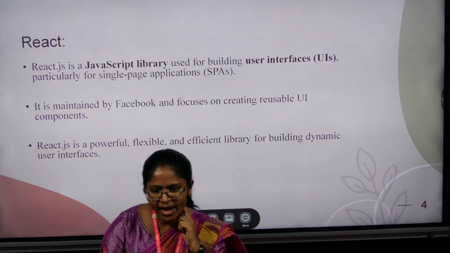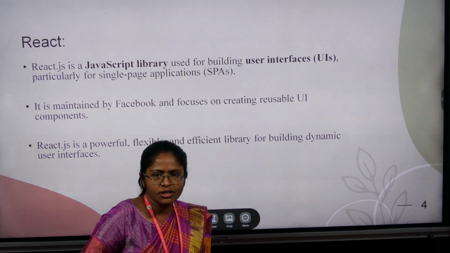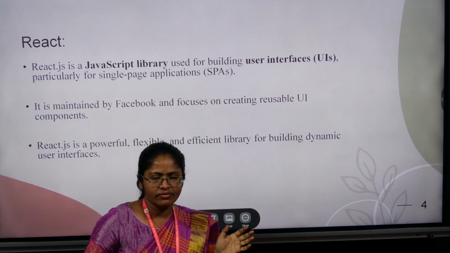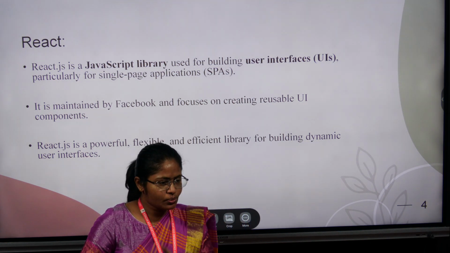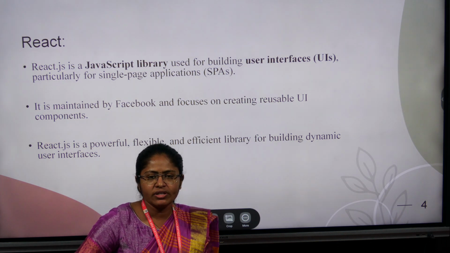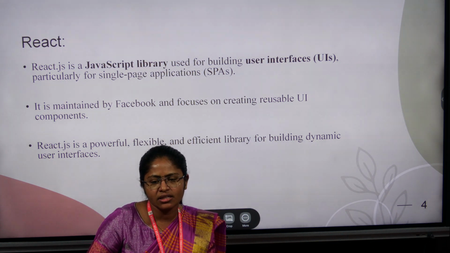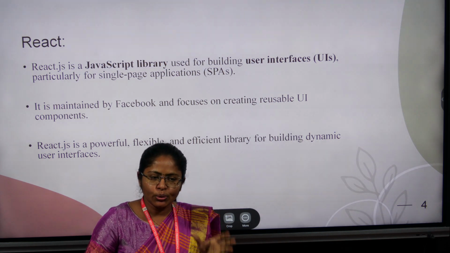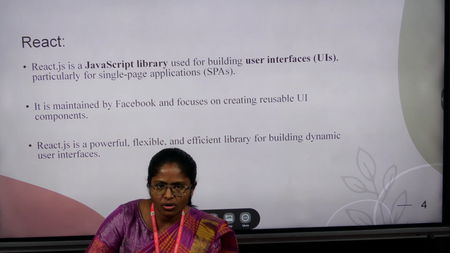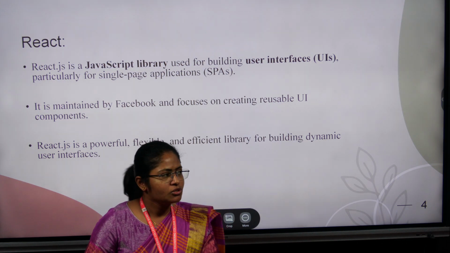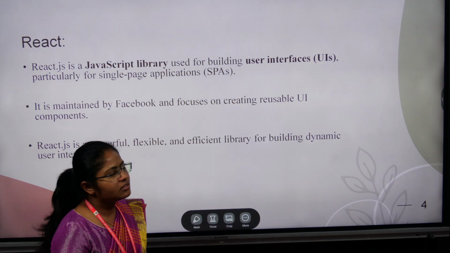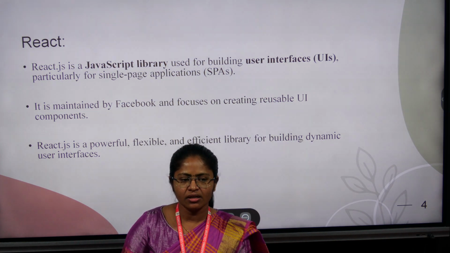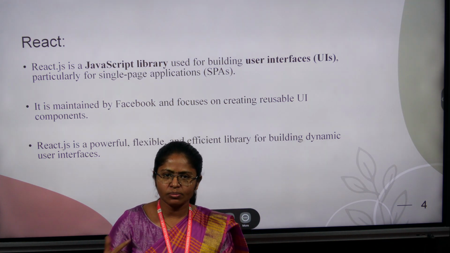When it comes to React, React is a JavaScript library that uses a virtual DOM, which I will discuss in the next slide. It always relies on JavaScript because it is developed to increase the features of JavaScript. That's why it's called a JavaScript library, and it is used to develop user interfaces with reusable components.